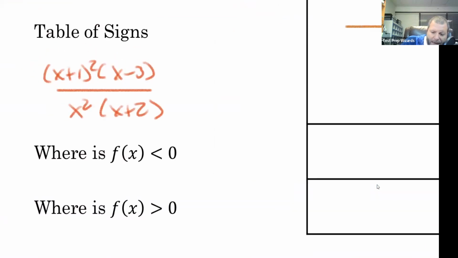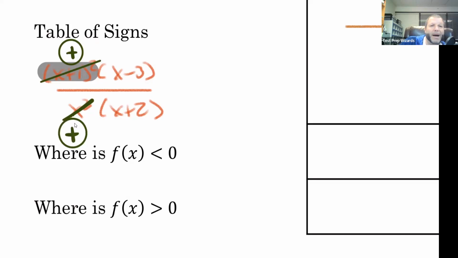Anytime I square a negative number, it's going to be a positive number. Anytime I square a positive number, it's going to be a positive number. So this (x plus 1) squared is always going to be positive. By that same logic, that x squared is also going to be positive.